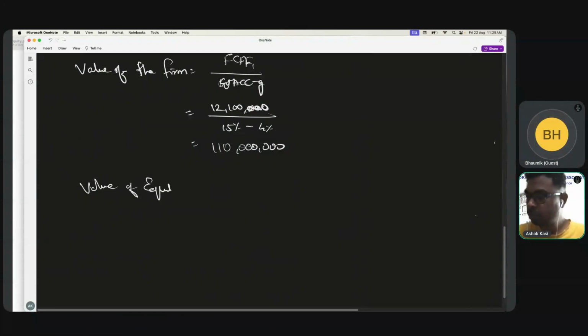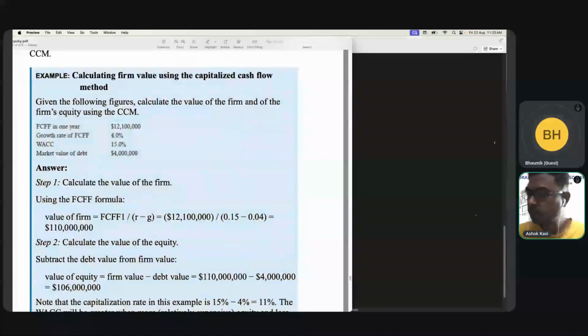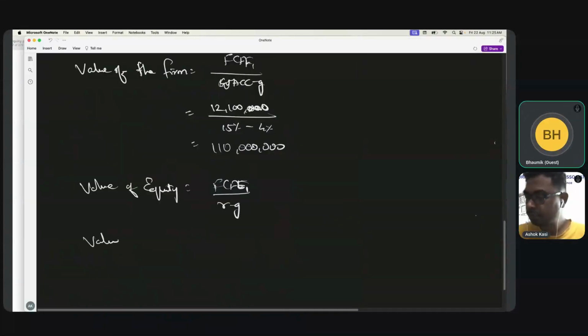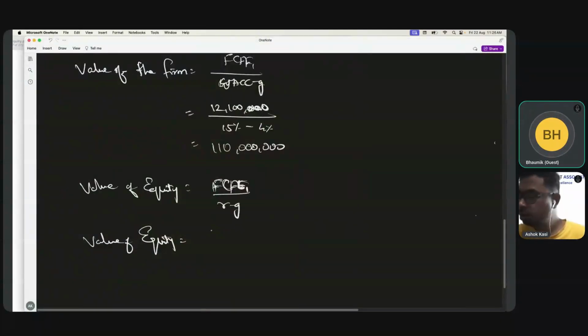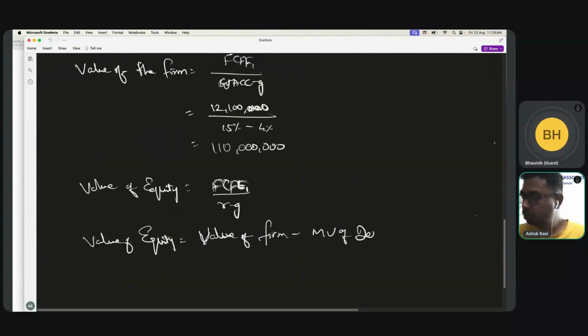Value of equity is equal to expected free cash flow to equity divided by R minus G. But here, because the market value of debt is given, value of equity is equal to value of firm minus market value of debt.